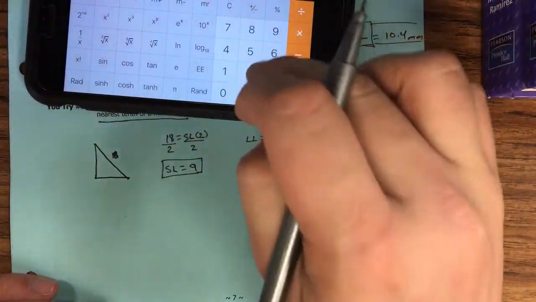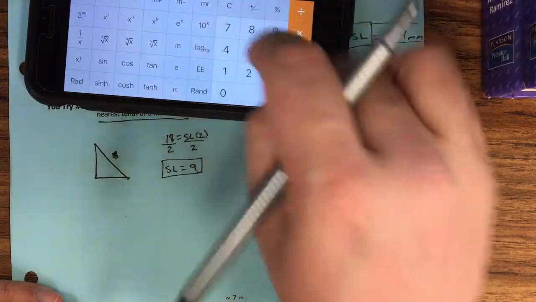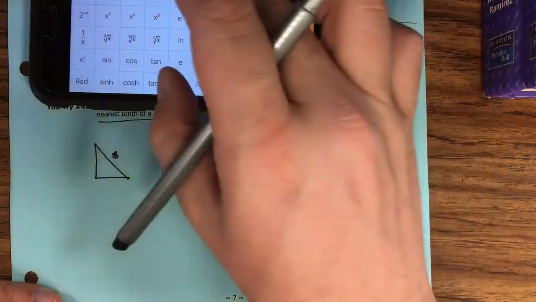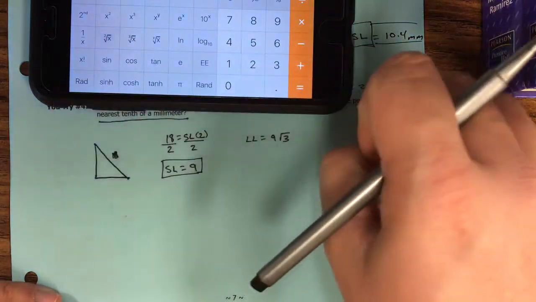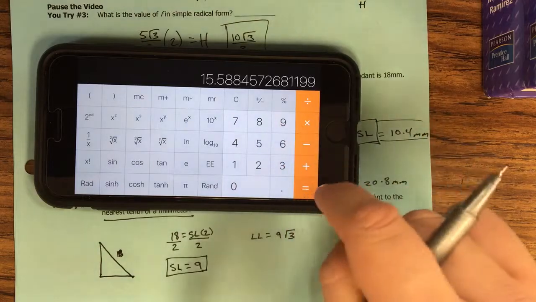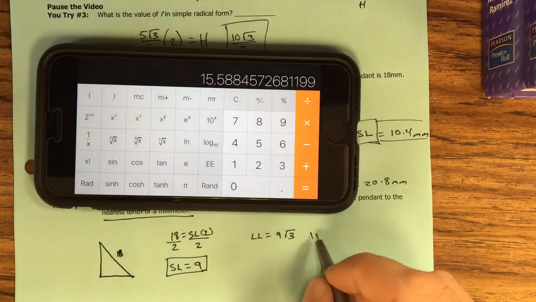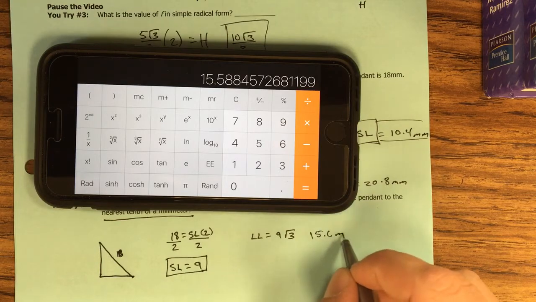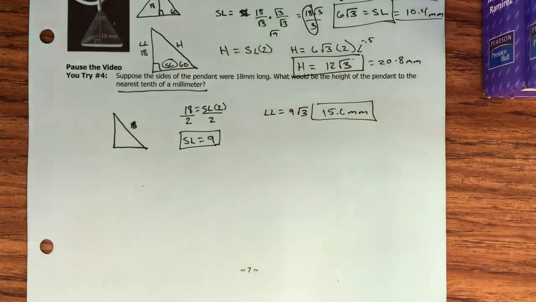We take the square root of 3, which is 1.73, and multiply that by 9, and to the nearest tenth, 15.58 goes to 15.6 millimeters. And there is our answer.